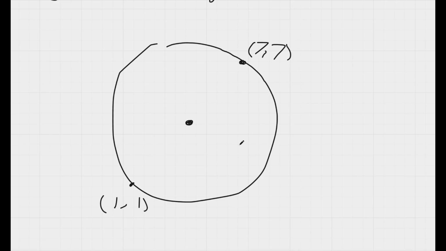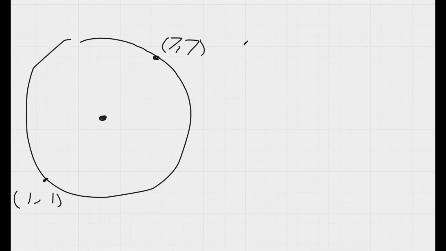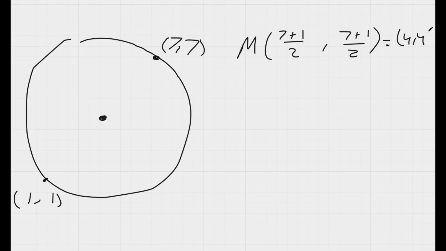How would you find the equation of this? Well, first of all, you need to find the midpoint, which is going to be (7 plus 1) divided by 2, and (7 plus 1) divided by 2, so (4, 4).